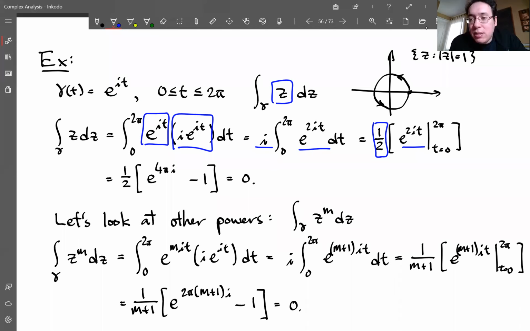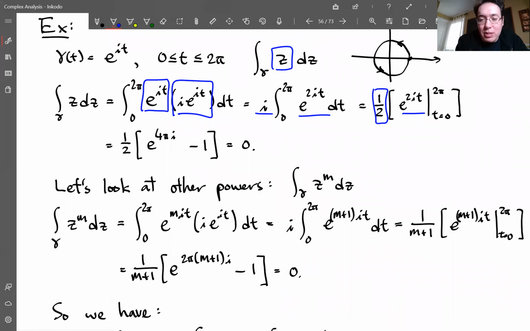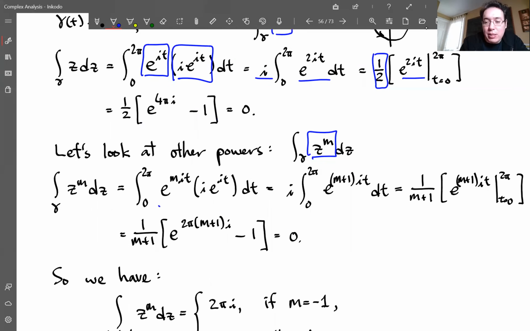I want to do all the other powers all at once. Let's do z to the mth power and integrate around the same circle going counterclockwise. The calculation is pretty much the same. The only difference being we're going to be dividing by m plus 1 instead of 2i in this case.